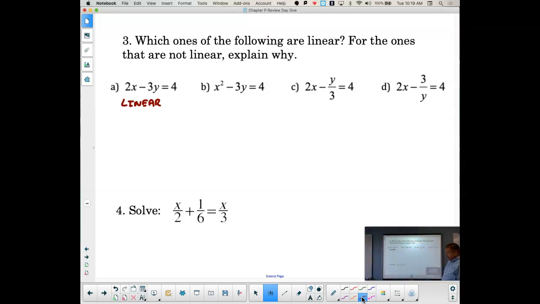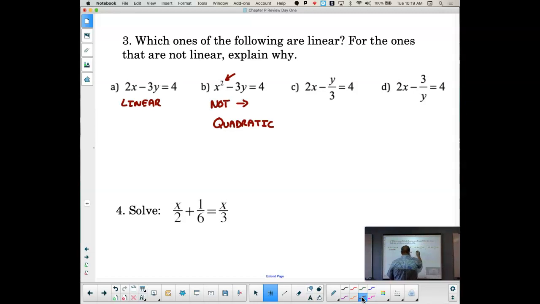The second one, B, is not linear. It is actually quadratic, because the biggest exponent is 2. So that one is a quadratic.